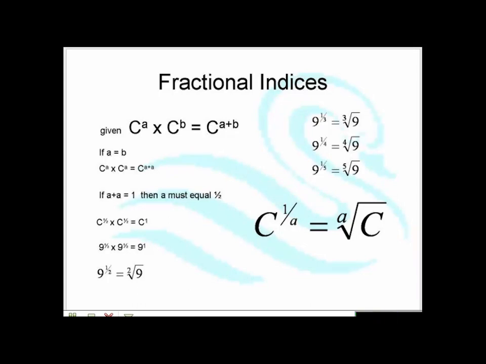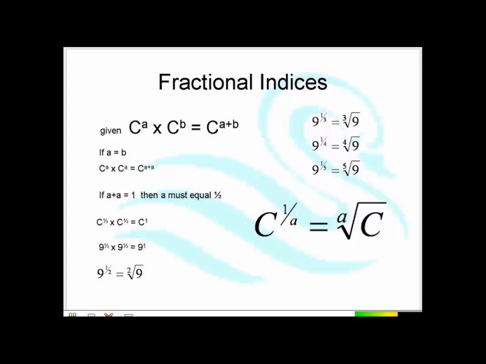Fractional indices. This gets just a little bit complicated. If I write things out, if I have c to the power of a times c to the power of b equals c to the power of a plus b, or carrots to the power of apples times carrots to the power of bananas equals carrots to the power of apples plus bananas.